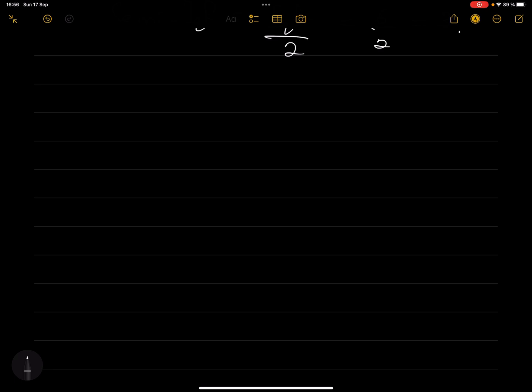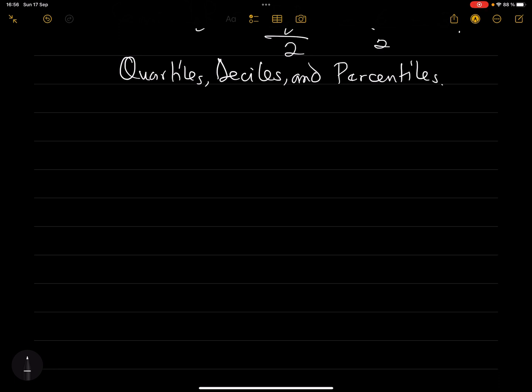Rather, we group 3 main divisions or partitions together, which we call the quartiles, the deciles, and the percentiles. The quartile is from quarter, 1/4, the decile is from 1/10, and the percentile is from percent, 1/100.